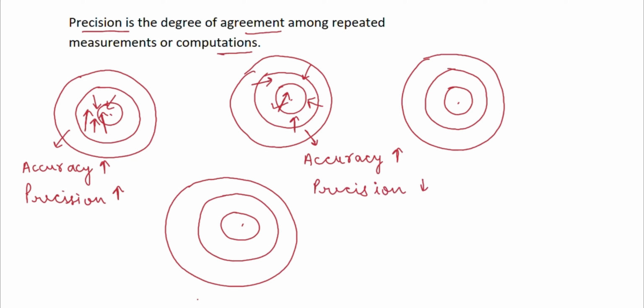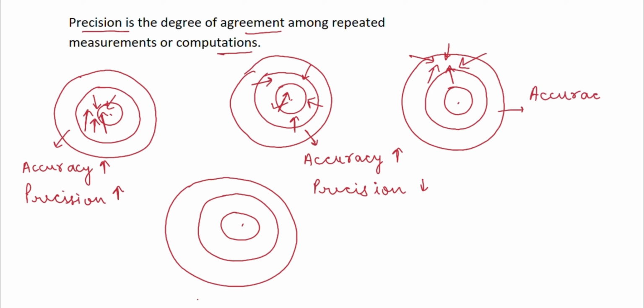Now, this is one of the most interesting cases. Notice that all the arrows are grouped very close together. This tells us that every measurement is almost identical, so the measurements are highly precise. But there is a problem. The entire group is far away from the center of the target. That means every measurement is consistently giving the wrong value.